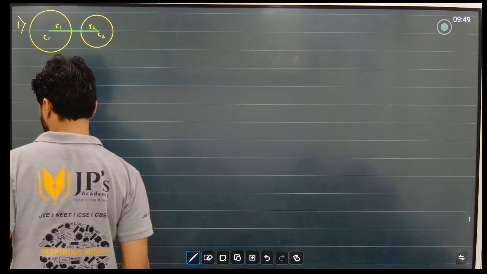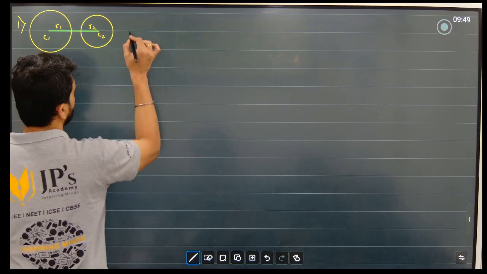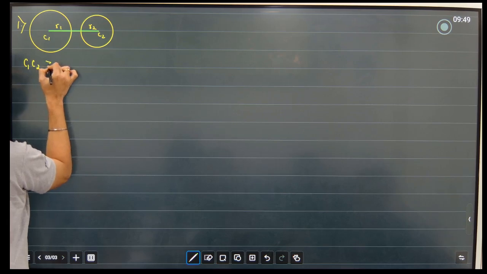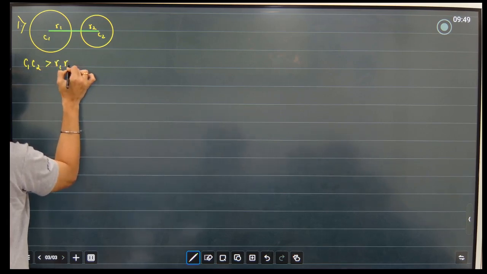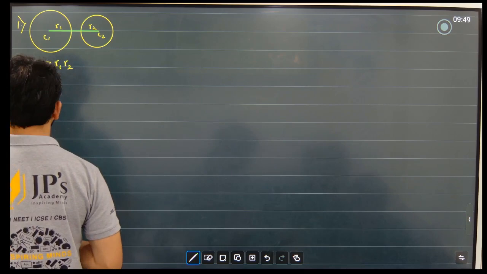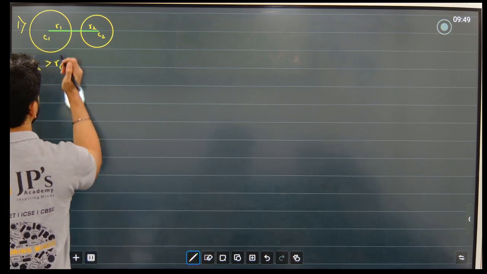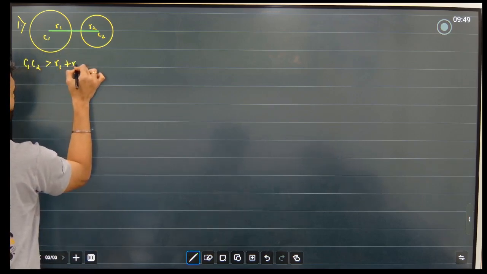Okay, now the first case: C1C2 greater than R1 plus R2. The distance between the centers is greater than the sum of the radii, R1 plus R2.